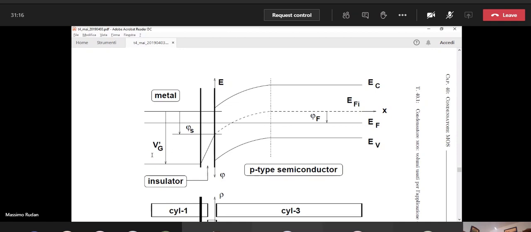So for this reason, we use another symbol. This symbol is indicated here, VG prime, is the difference between the gate contact electric potential, that is the horizontal line that I'm cutting now with the mouse, and the internal zero of the electric potential.